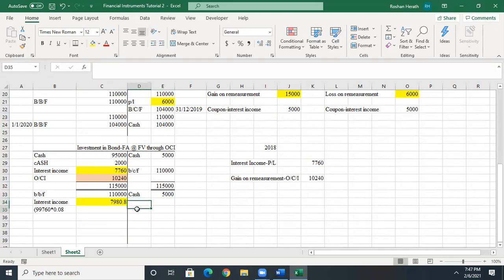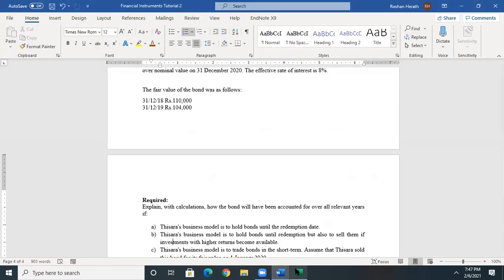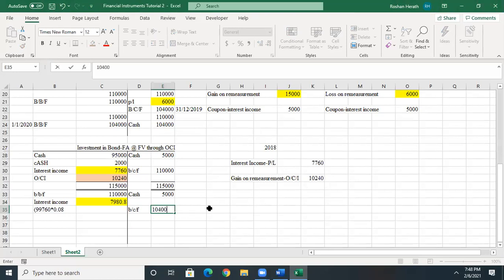Then take the remeasurement balance carried forward. The remeasurement balance is 104,000. Right. Now which side is the greatest? It seems that side is the greatest.